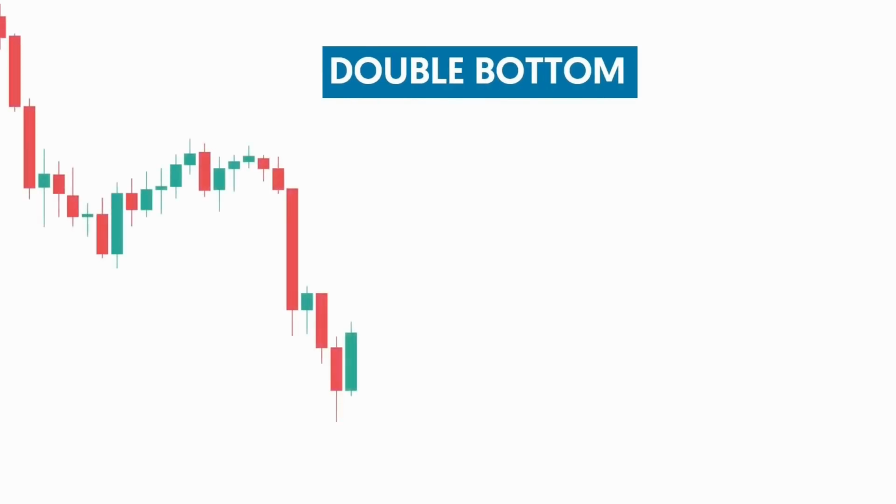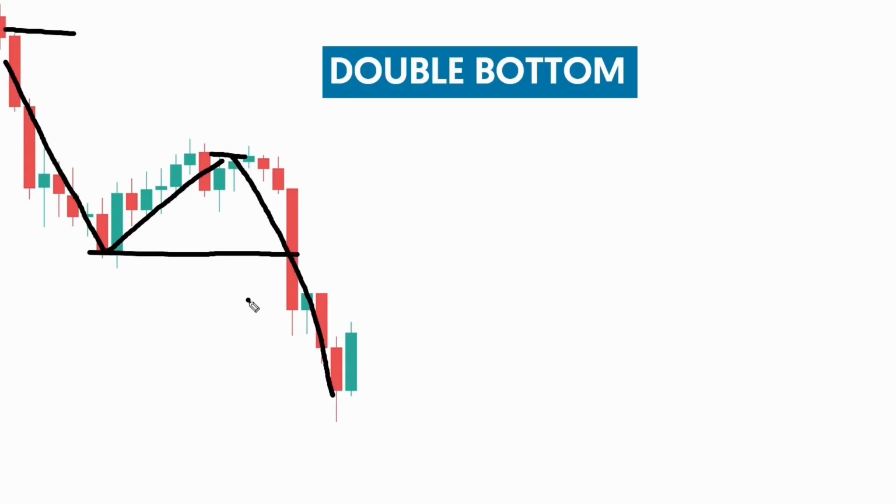And now the inverse of the double top, we have the double bottom. For the double bottom, we want to see the price moving on a downtrend, moving like this, making a high that it's below the previous high, and breaking again the previous low and making a new low.